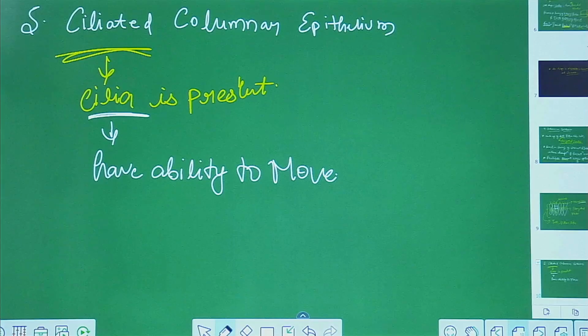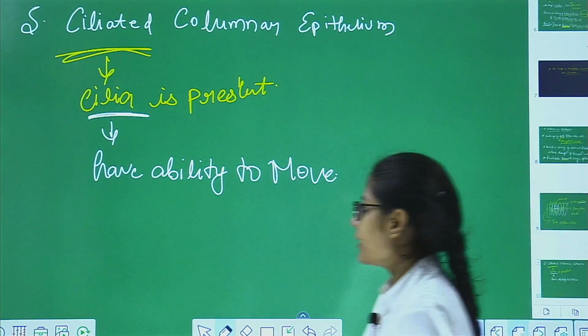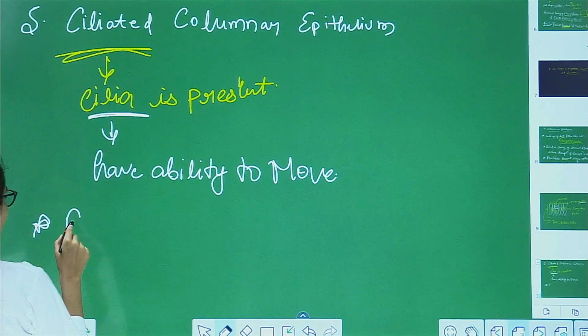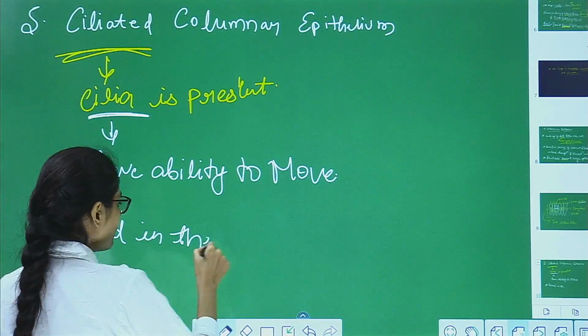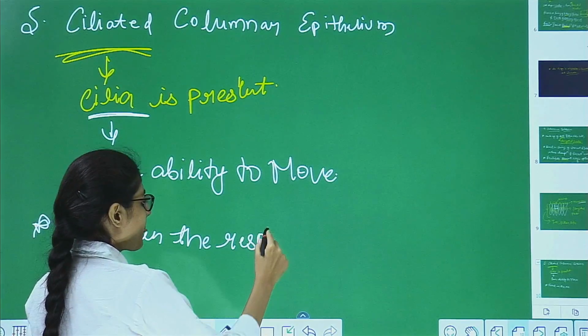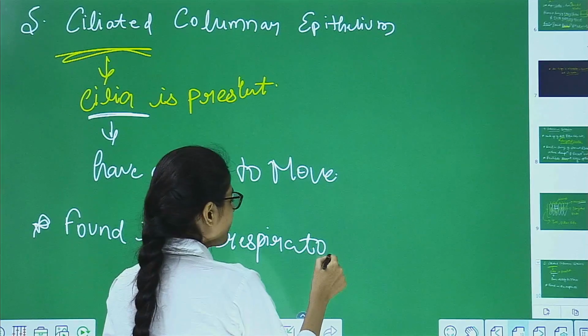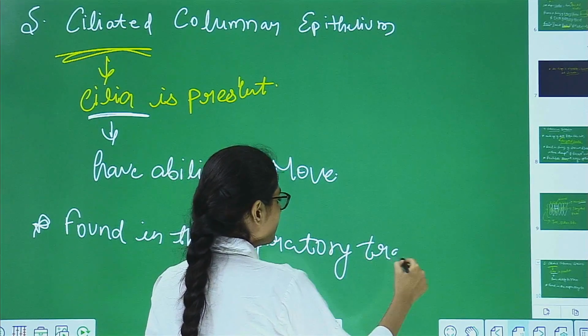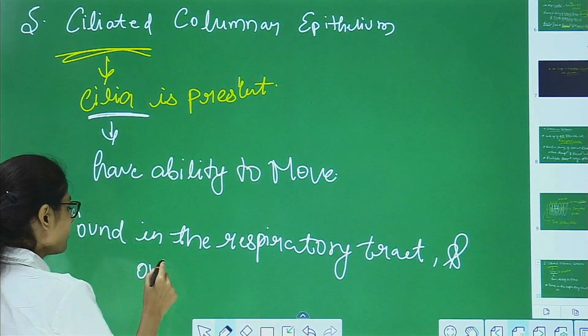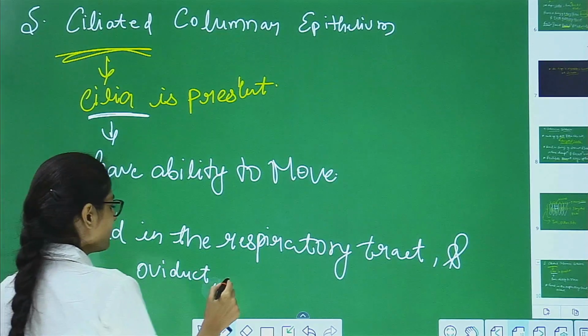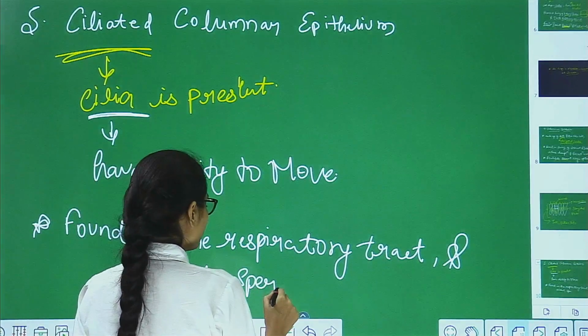Now, where they are found? They are found in the respiratory tract, and also line the oviduct. Okay, so where they are found? Found in the respiratory tract, oviduct, sperm duct.